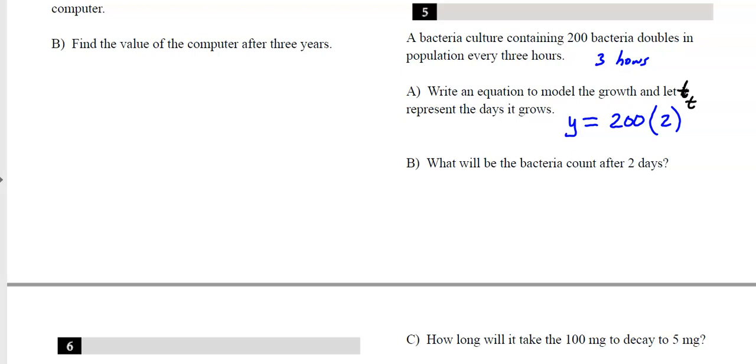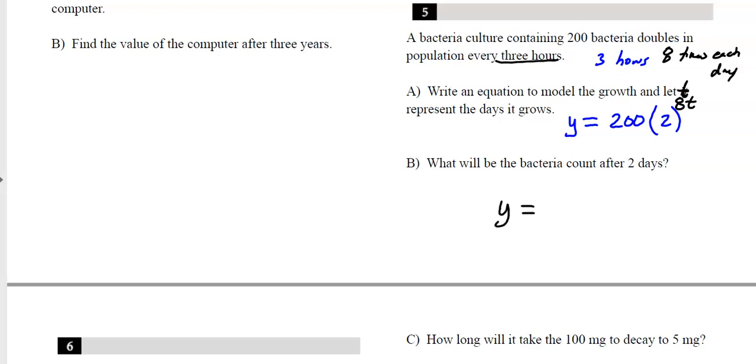I'm growing every 3 hours. So 3 hours, that's going to be 8 times each day. You know, my bacteria is going to double 8 times a day. So I need to have 8t there. That was kind of the tricky part of this one, because you want to do it how many times it does in a day. And then it says, what's the count going to be after 2 days?